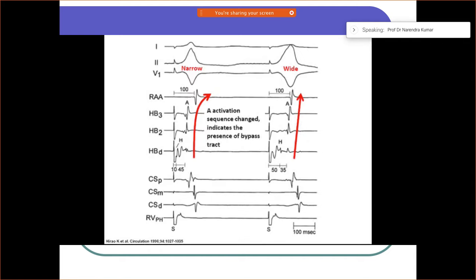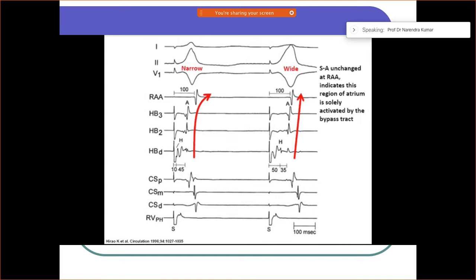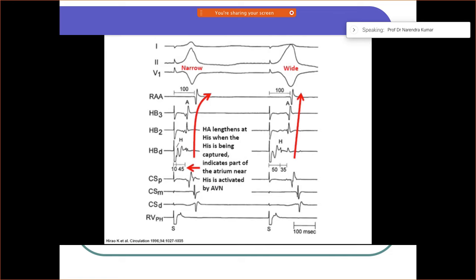And then this is for the narrow versus the fusion. The activation sequence is of course changing, which again indicates in favor of the bypass tract. And the SA interval remains unchanged at the right atrial appendage area, again showing that the atria is the only one which is getting activated by the bypass tract.